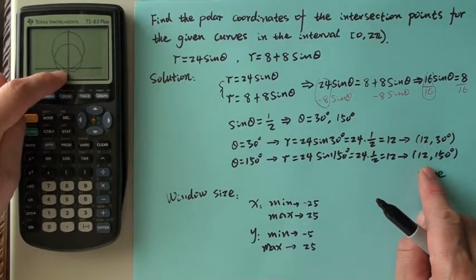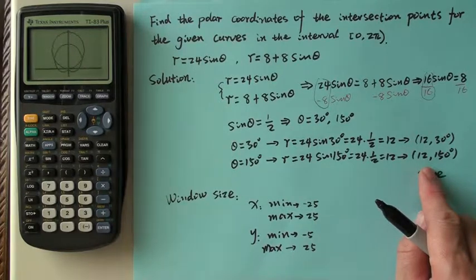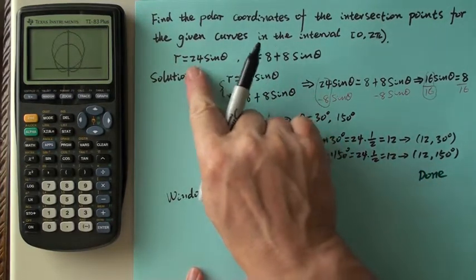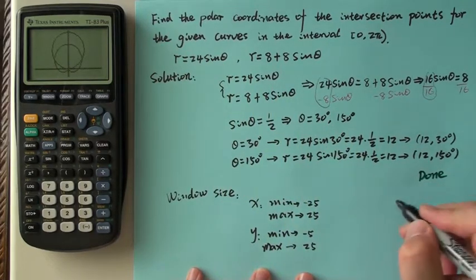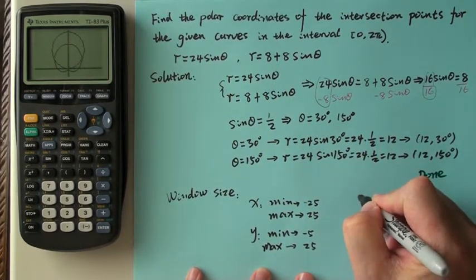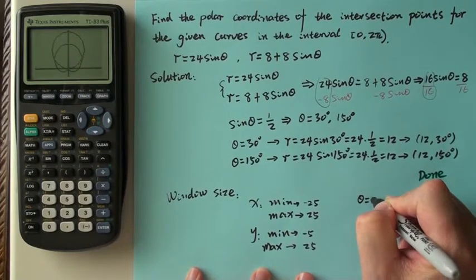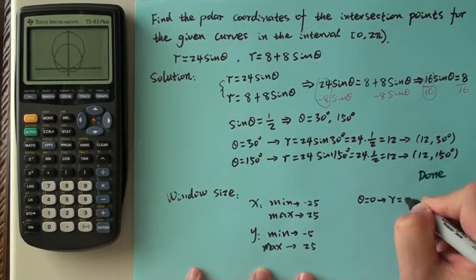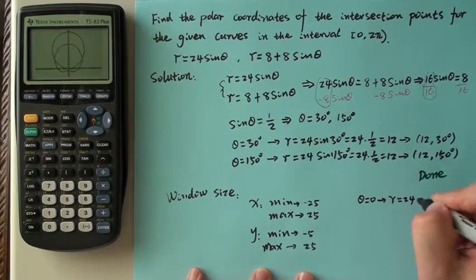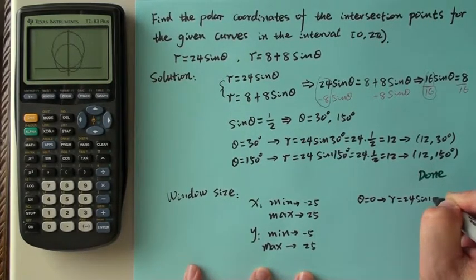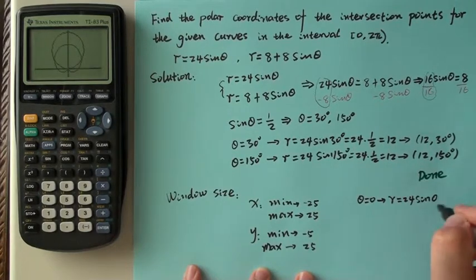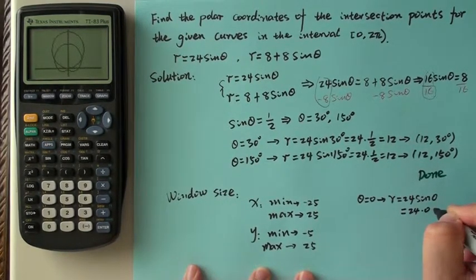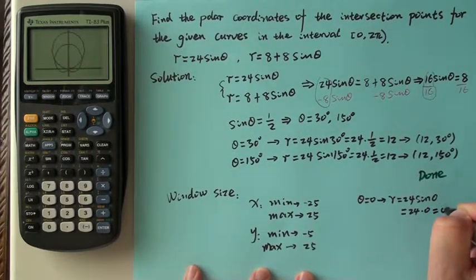Apparently, there is one we missed. For the first one, when theta is 0, r equals 24 sine 0. Sine 0 is 0, so we get 0.